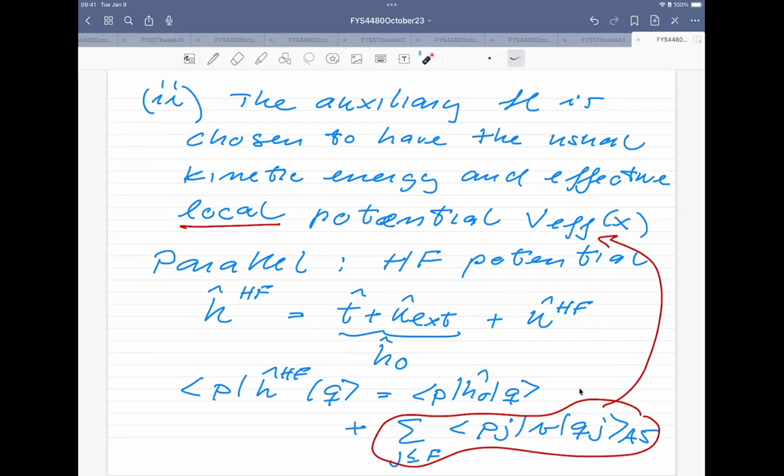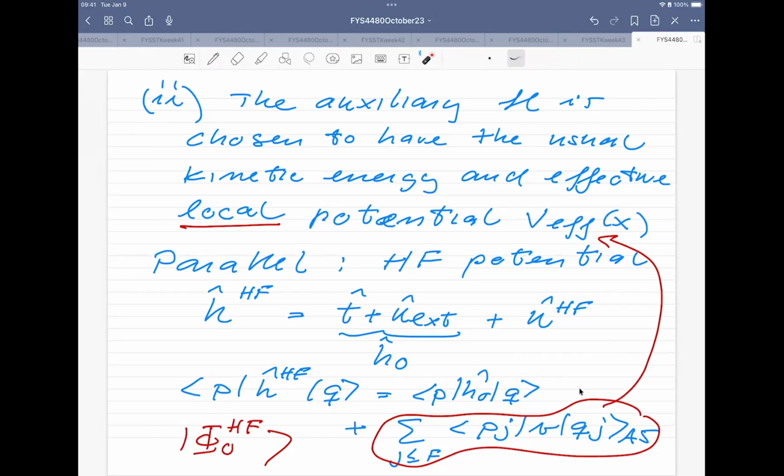And that corrects the motion of the particle. So Hartree-Fock, in a way, is an example of such an auxiliary Hamiltonian, which then gives us a set of single particle wave functions, which we then could use to define the Hartree-Fock ground state function, which would be a Slater determinant if we're dealing with fermions, a Slater determinant which consists of this basis here, which is an eigenbasis of the Hartree-Fock Hamiltonian.